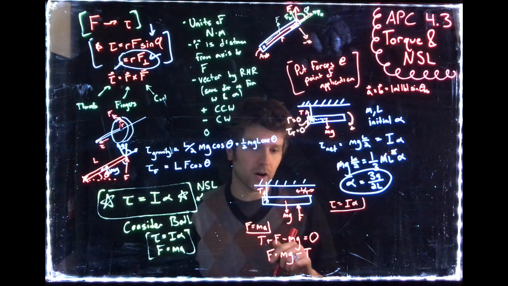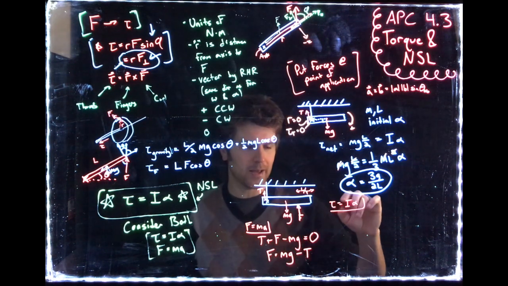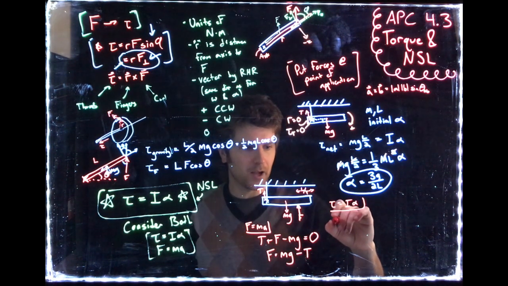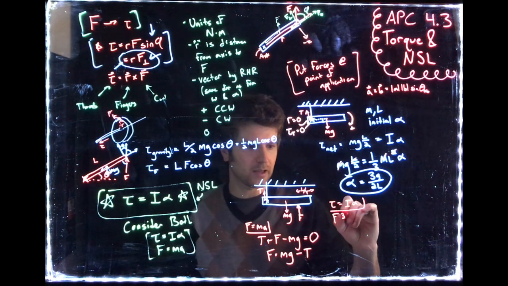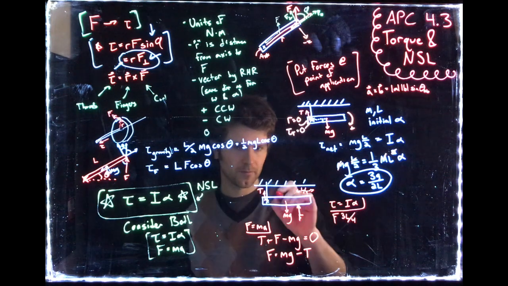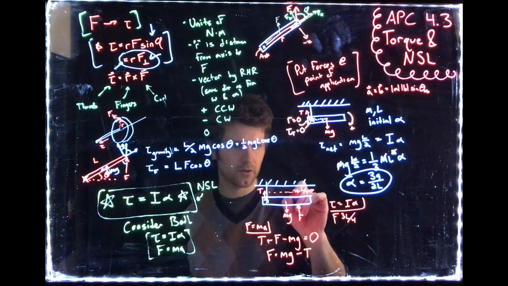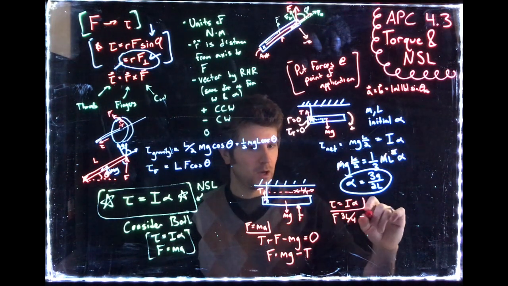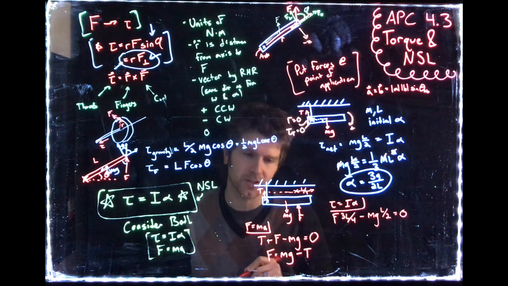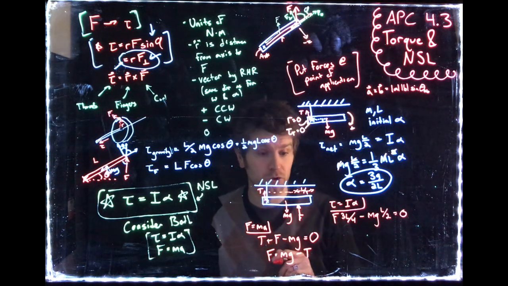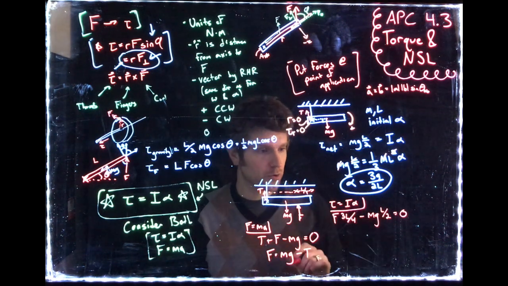So only F and mg do. Now F is being applied at a distance of 3L/4 from the axis, because if that's L/4, this is 3/4 L. mg is still being applied at L/2. And we need those torques to add up to 0, because again, we don't want it to slide or to rotate.